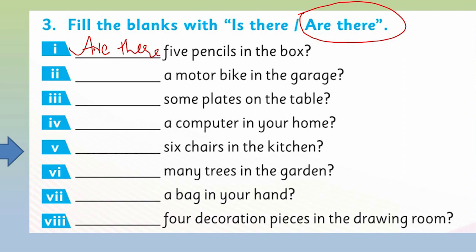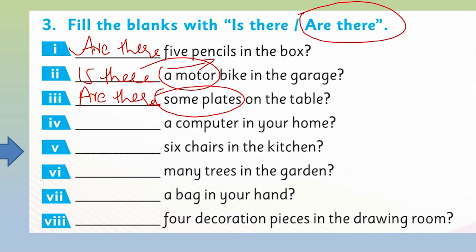Look at the second one, a motorbike in the garage, a singular item here. So for a singular item, we will choose is there. Look at the third one, some plates on the table. Yes, some plates, more than one. We will choose are there.